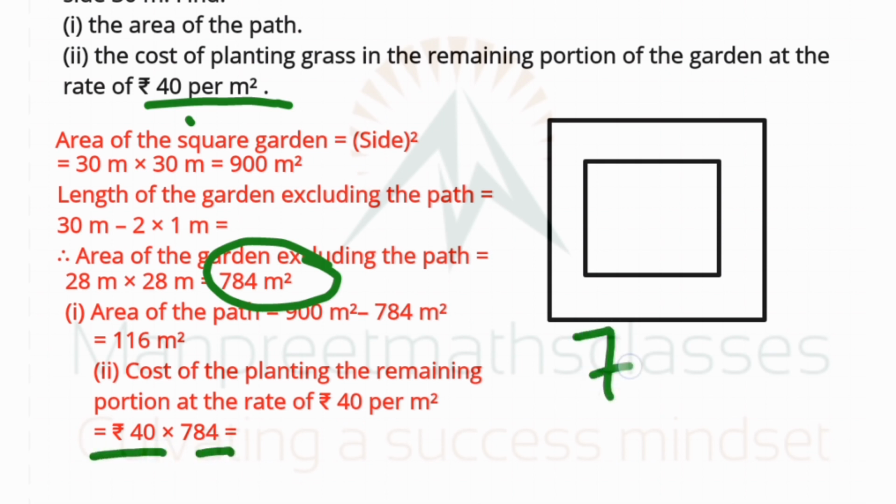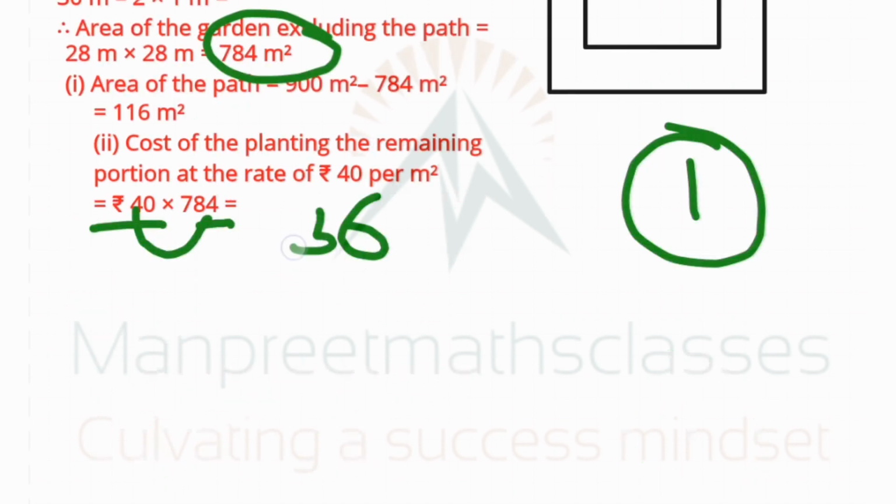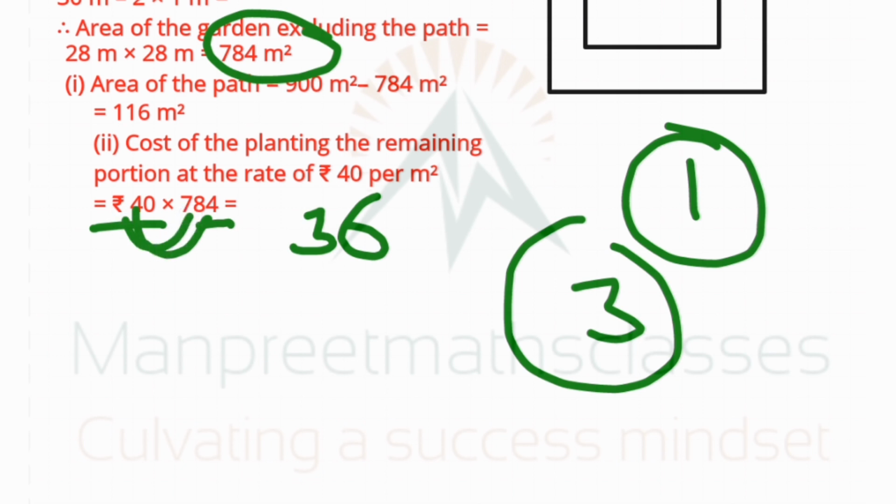Now let's multiply it. This we can do directly, so no need to write it in a traditional form. Directly multiply with 4 and write 0 at last. So 4 4 is 16, 6, 1 carry, 4 8 is 32 plus 1, 33, 3 carry, 7 4 is 28, 28 plus 3, 31. So 31360 is the cost of planting the remaining portion.